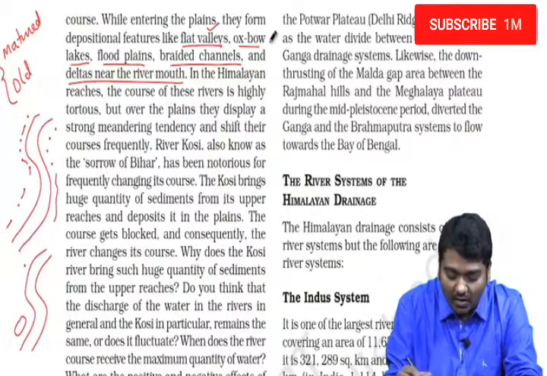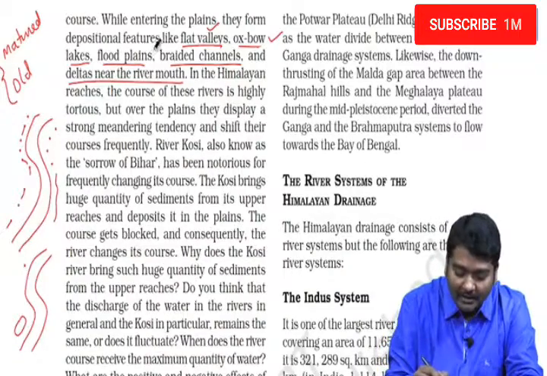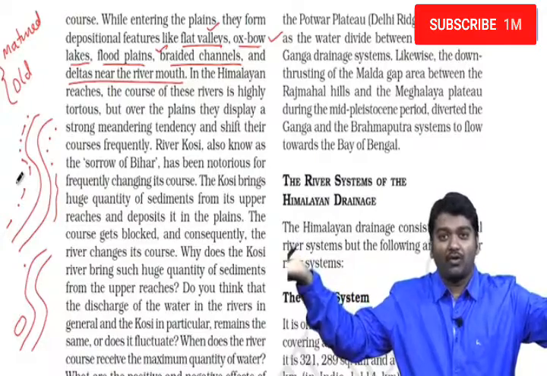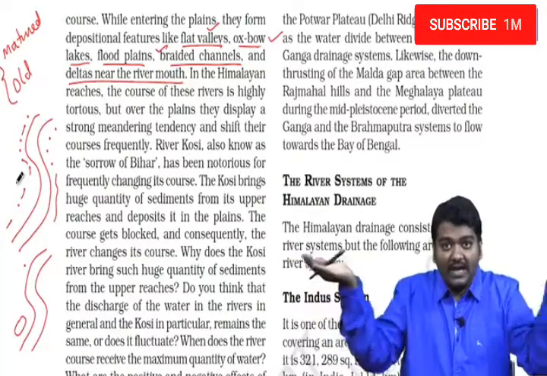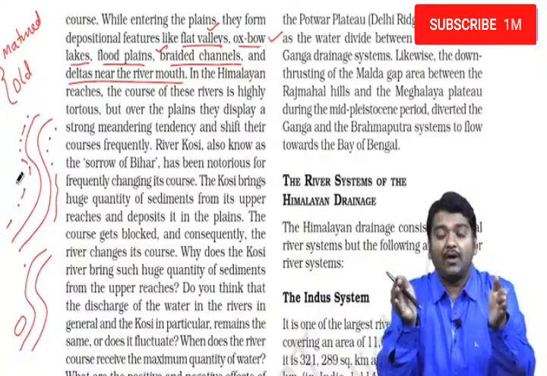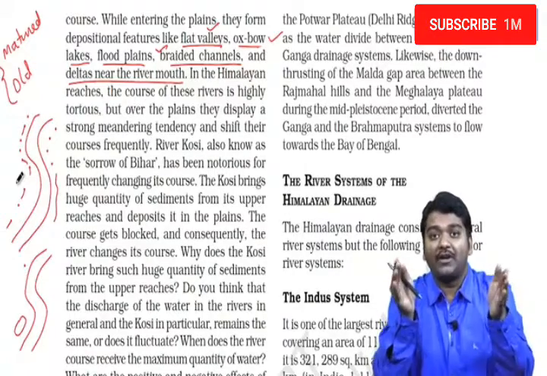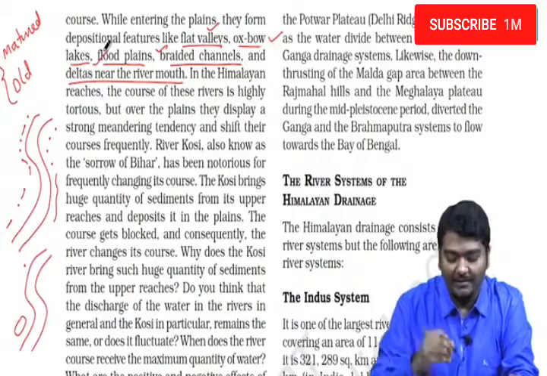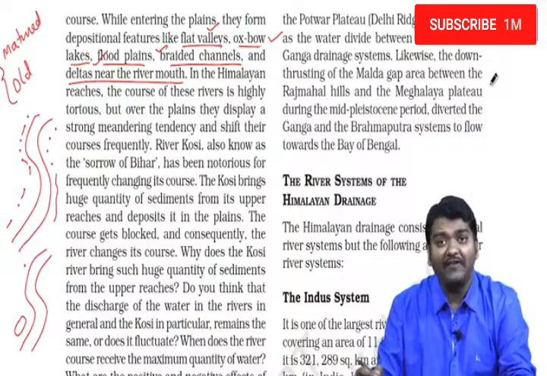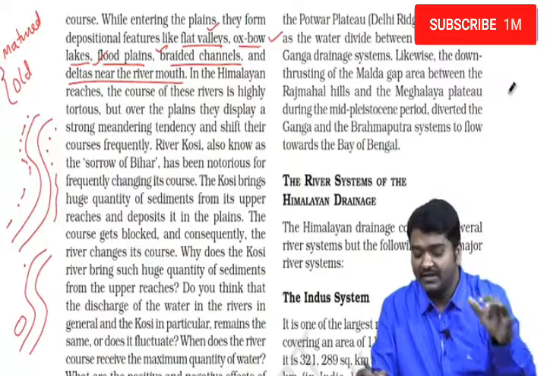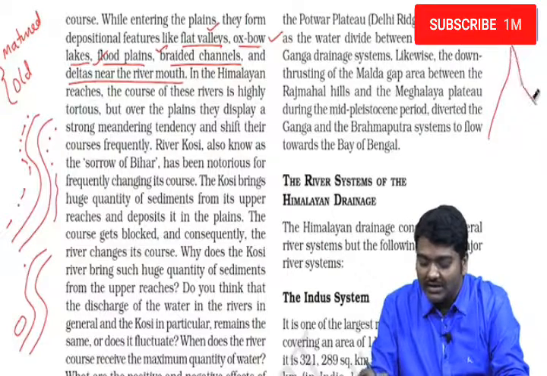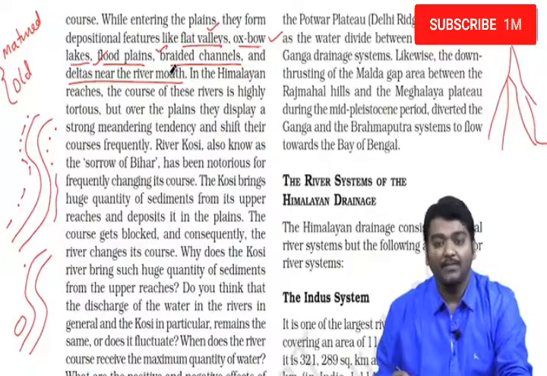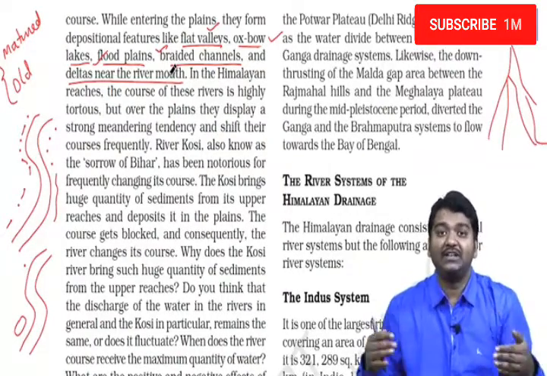That is called an oxbow lake. On either side are floodplains: whenever the water level increases suddenly, the water goes and deposits. Again the water shrinks in summer, or whenever the amount of water available in the river reduces. This is called floodplains, and whenever the river enters near the delta, it usually gets distributed in this pattern. These are called braided channels, and their deposition leads to a delta.